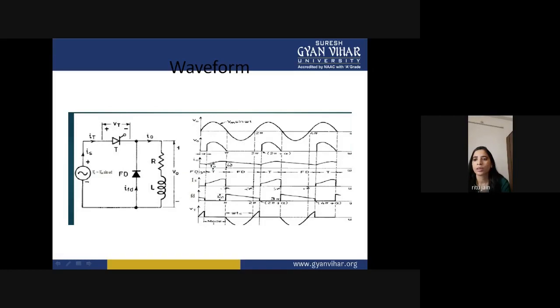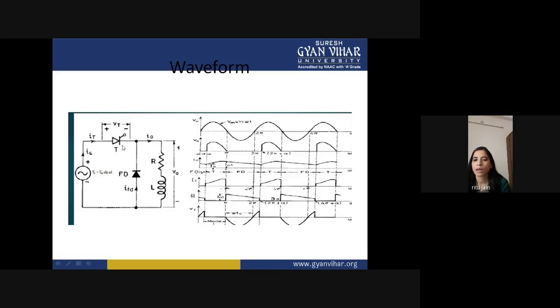Again, at this point, the current is conducting through the freewheeling diode until your SCR gets turned on. At 2 pi plus alpha, your SCR gets turned on again because this is your positive cycle and it comes into the forward conduction mode.